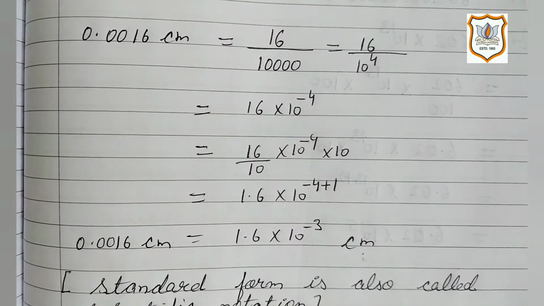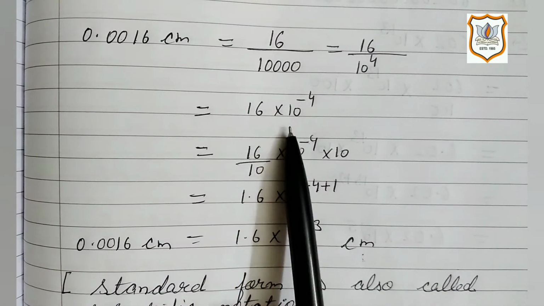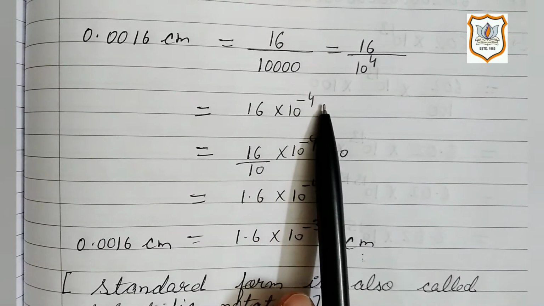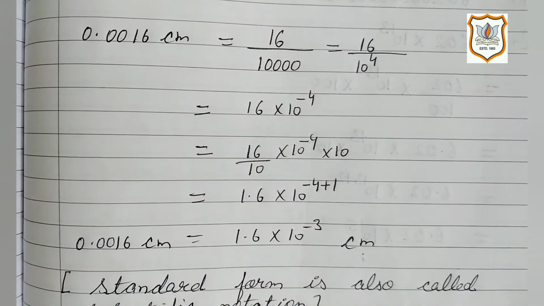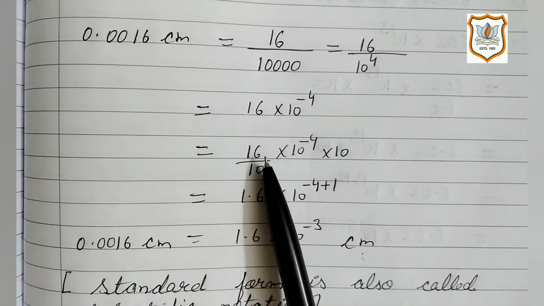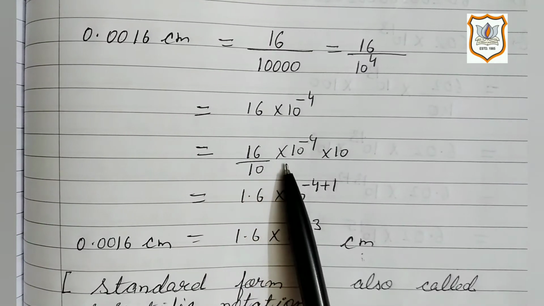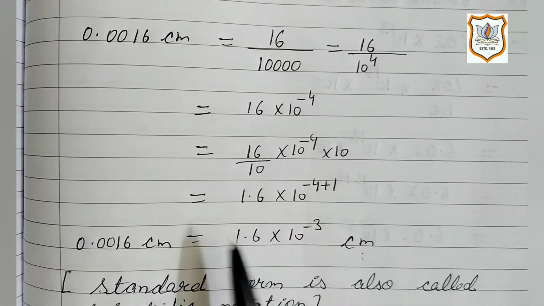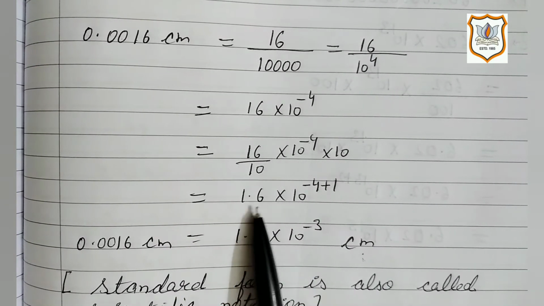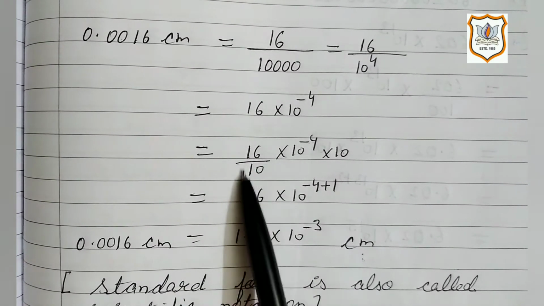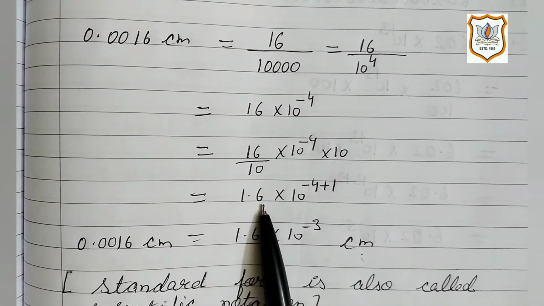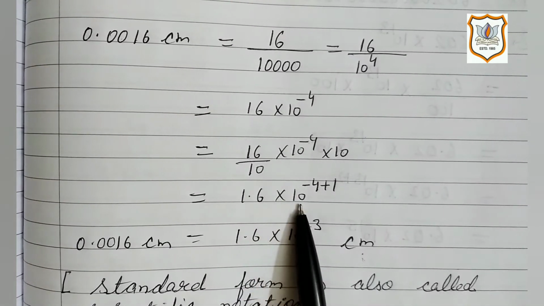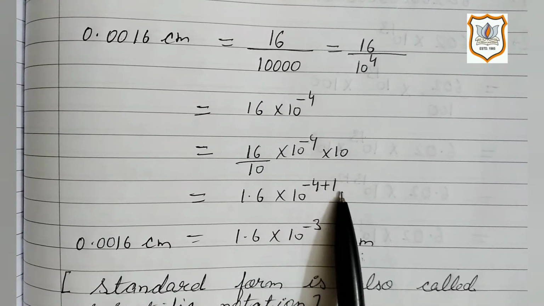Now we will express 16 multiplied by 10 raised to power minus 4 in standard form. So we write 16 upon 10 multiplied by 10 raised to power minus 4 multiplied by 10, which is 1.6. 16 upon 10 means 1.6 multiplied by 10 raised to power minus 4 plus 1.